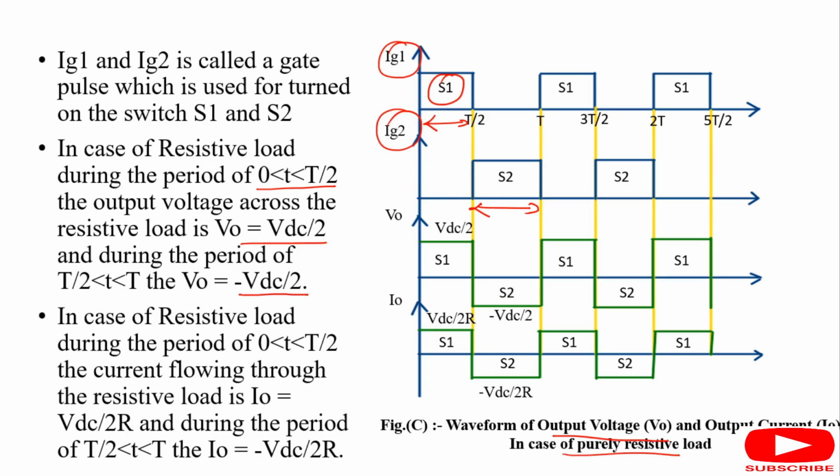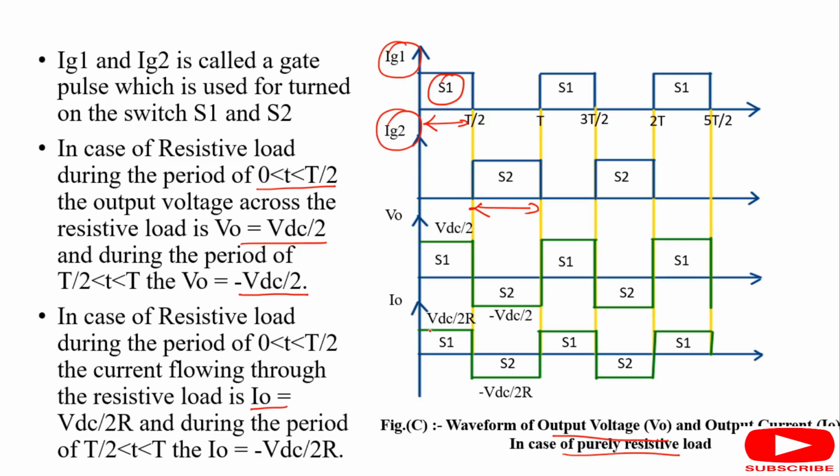Now when we talk about the load current of the resistive load, the current flowing through the resistive load is I naught. When we divide the output voltage by the resistance, we get the magnitude of the output current.